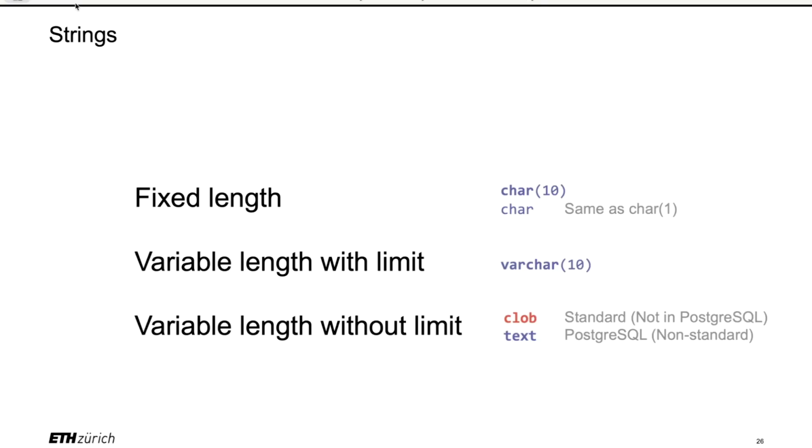And finally, the variable length without limit. Here, it's a tad bit more complex, but actually not so complex. It's just that there is a standard and PostgreSQL doesn't follow the standard. So the standard, if you look at the SQL standard, it's called CLOB. Do you know what CLOB means? It means character large object. CLOB, just a CLOB.